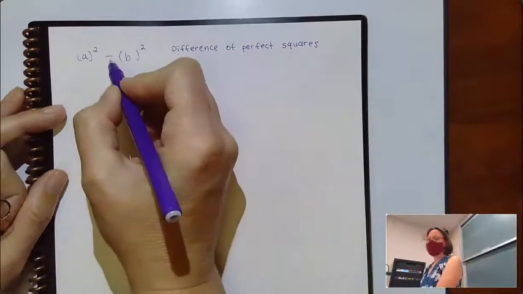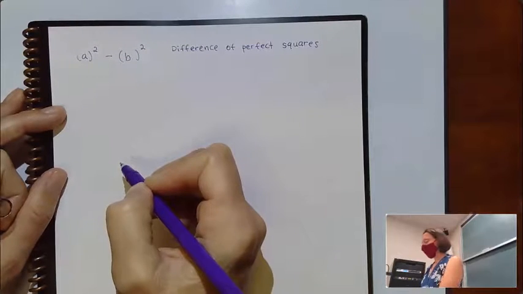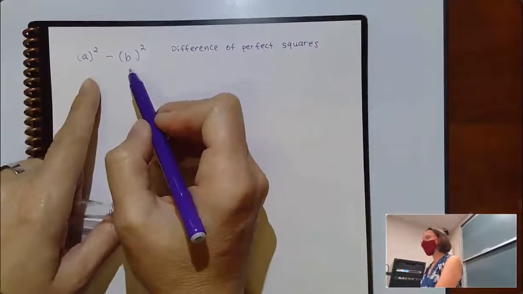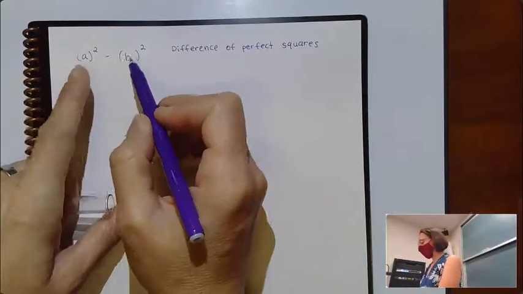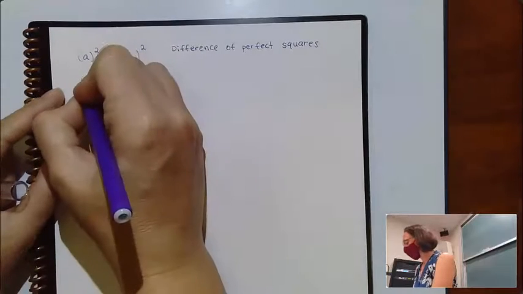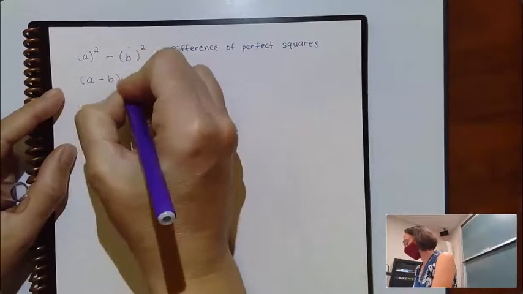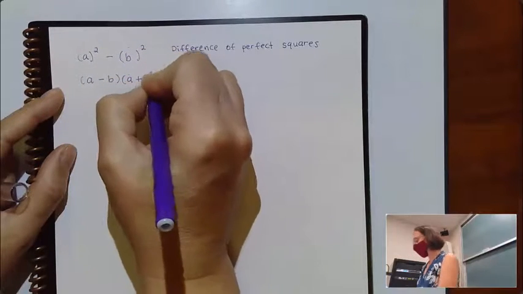Difference because we've got subtraction. Squares because I've got two things that can be written as something squared. And this factors as a minus b times a plus b.